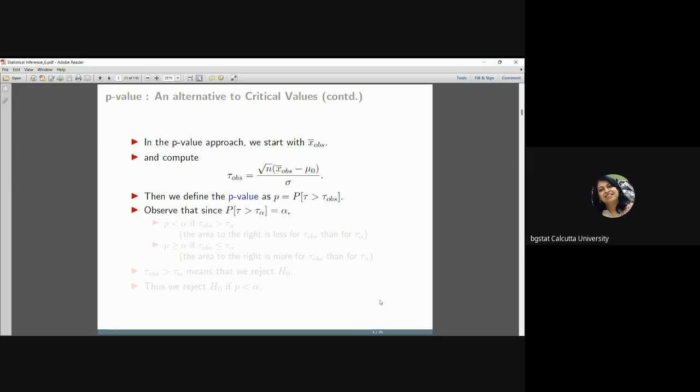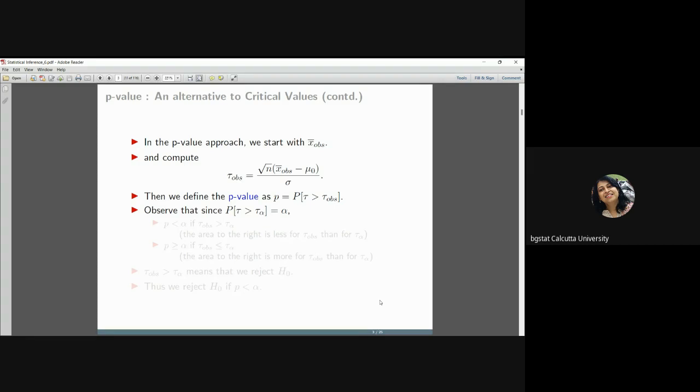The p-value is then defined as the probability of getting the observed or a more extreme value, where by more extreme I mean more likely to support the alternative. Under the alternative we expect x bar to be larger than mu naught, which is the same as expecting a large positive value of tau observed.